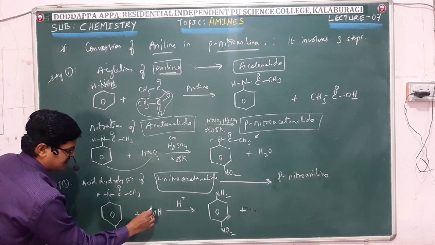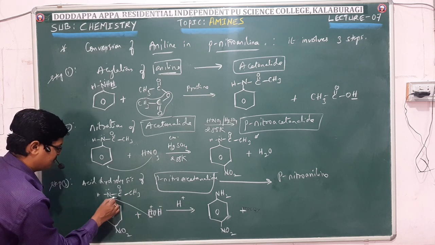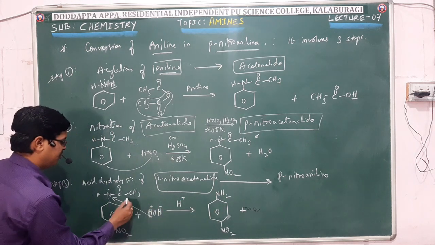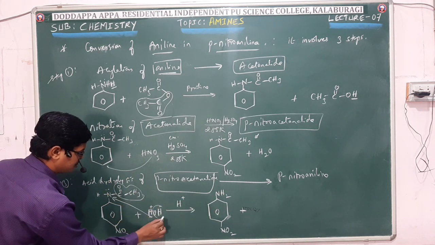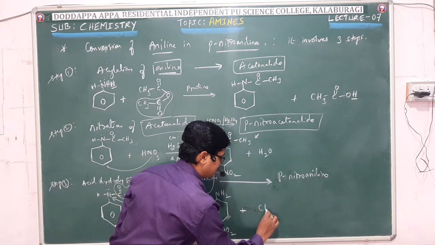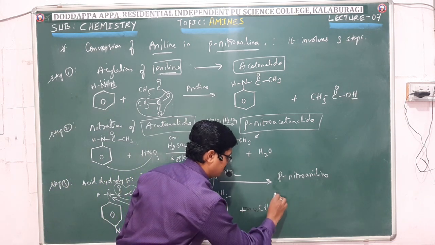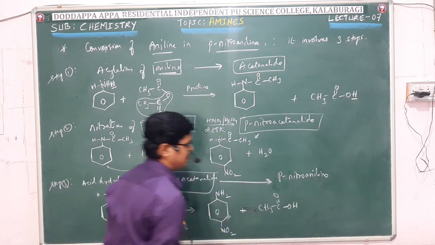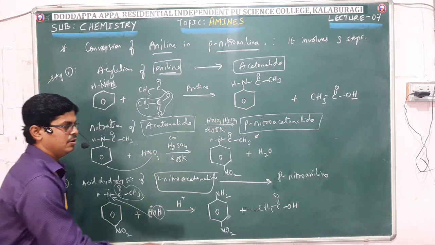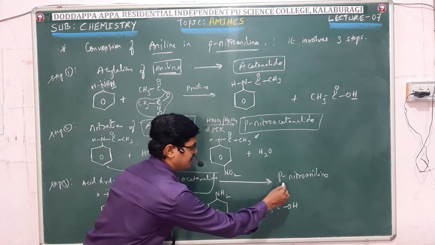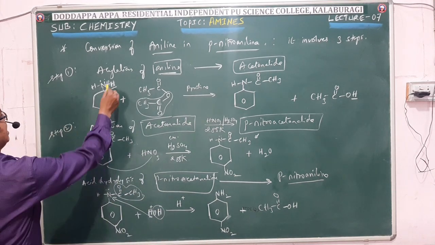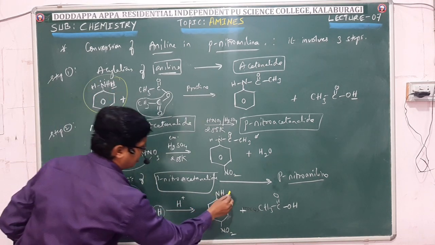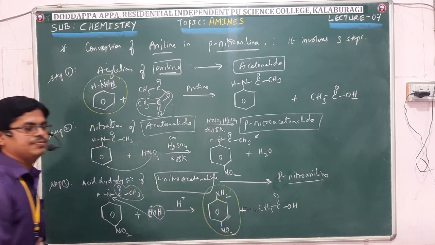One of the H plus adds to NH2. Remaining is CH3COO and OH, which react to form CH3COOH, acetic acid. Okay, dear students, this is how I got para-nitro aniline, how we converted aniline into para-nitro aniline.